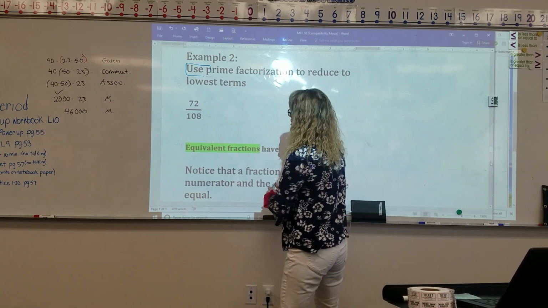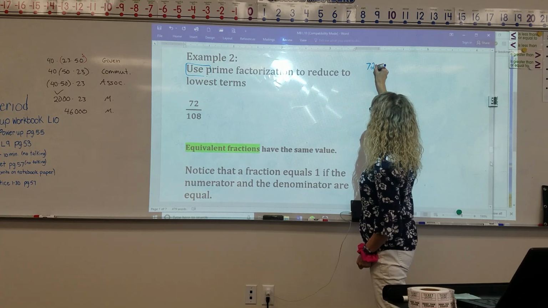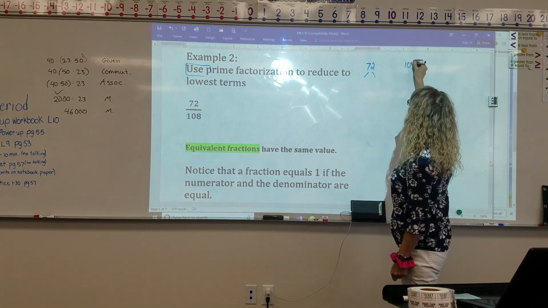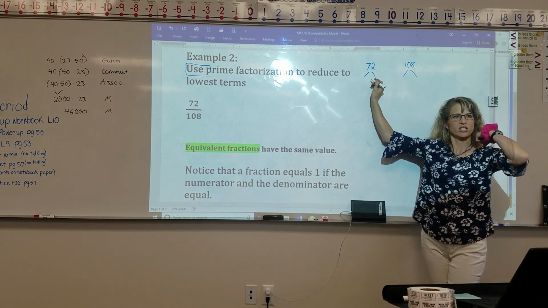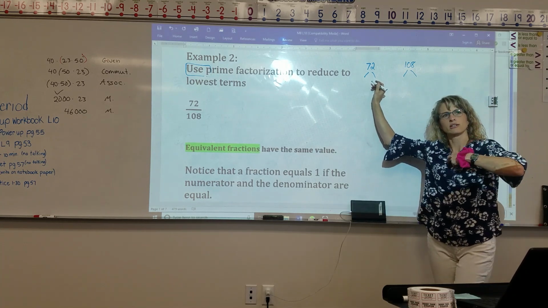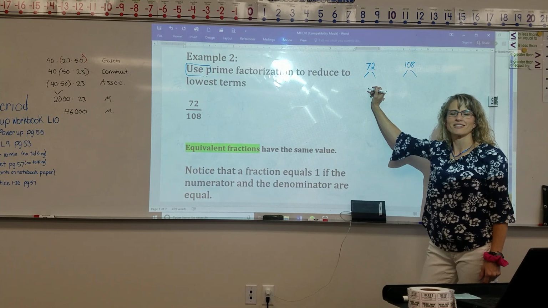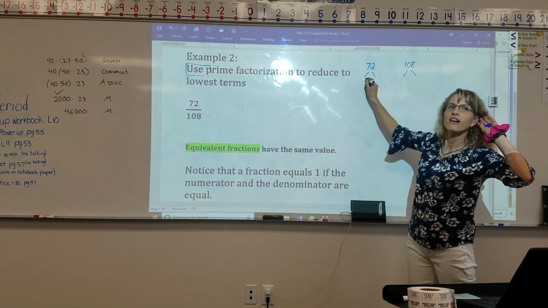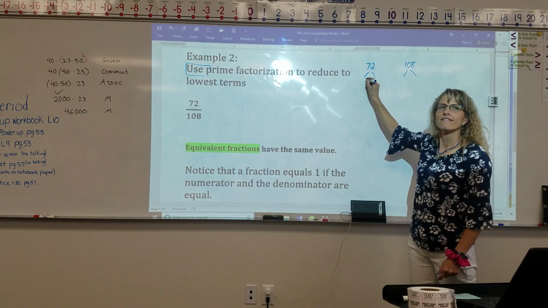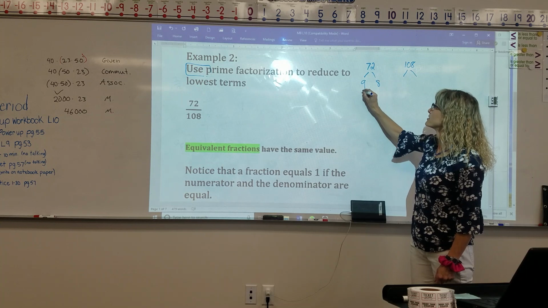Okay. So 72. Let's do a factor tree of 72. A factor tree of 108. All right, I'm going to call on some students to help me do a prime factorization tree for 72. Aubrey. 9 and 8.